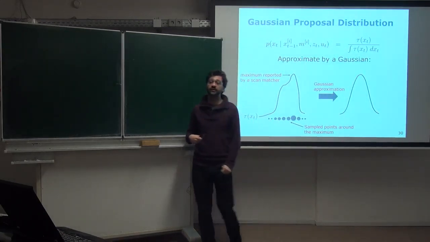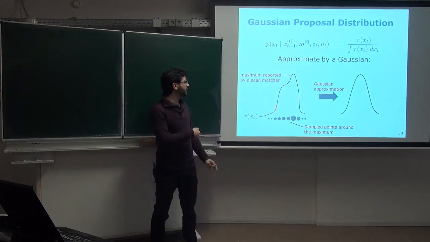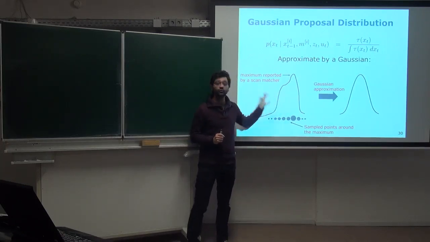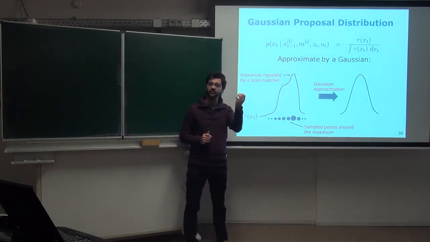And we have our Gaussian distribution there. So we do not want to do two-stage sampling in there, because we don't want to evaluate too many likelihood functions, which are expensive.